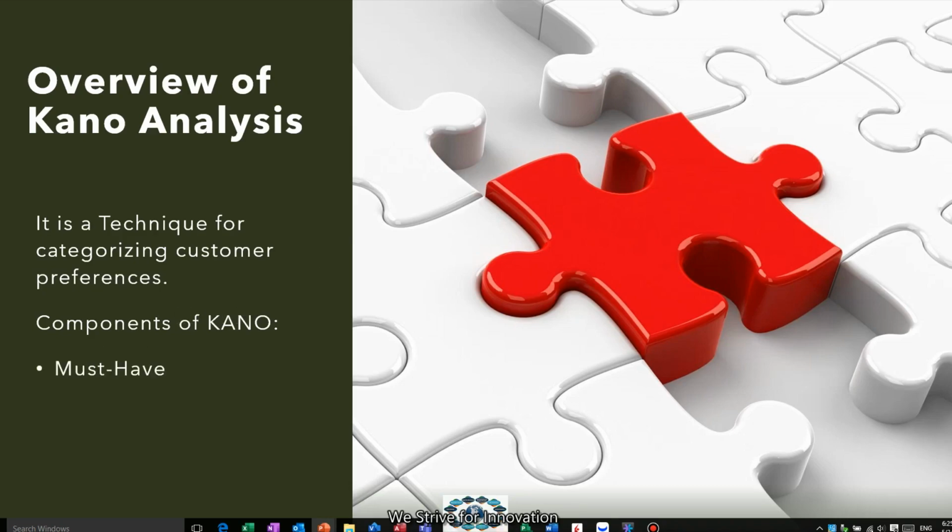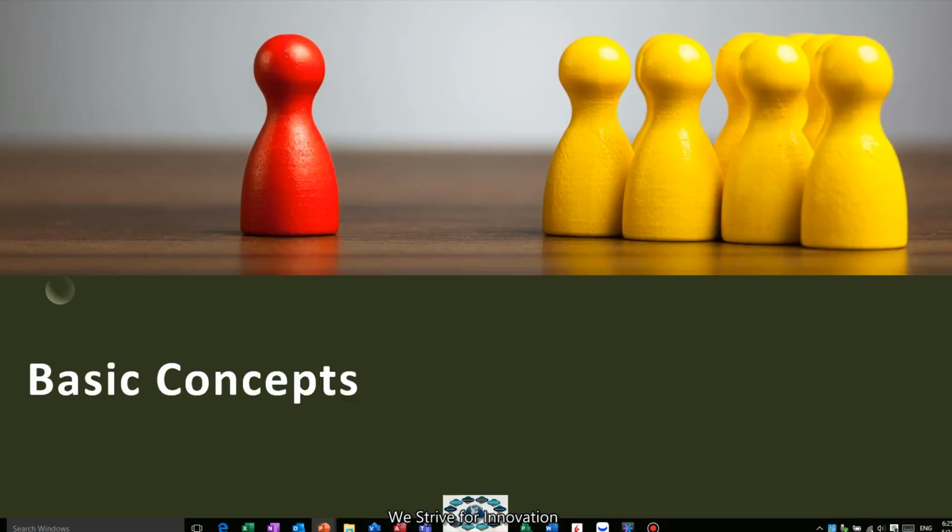Then you have the one-dimensional feature, which directly impacts customer satisfaction in a linear manner. And the third one, which is attractive, is a feature that surprises and delights the customer, often exceeding their expectation.